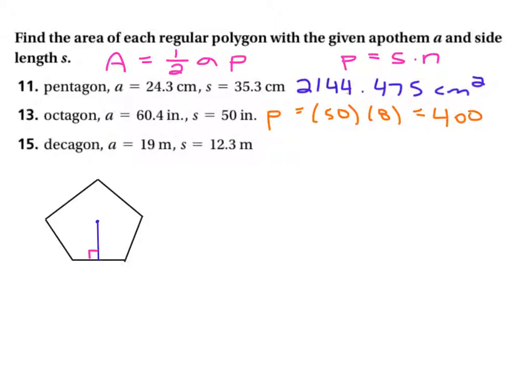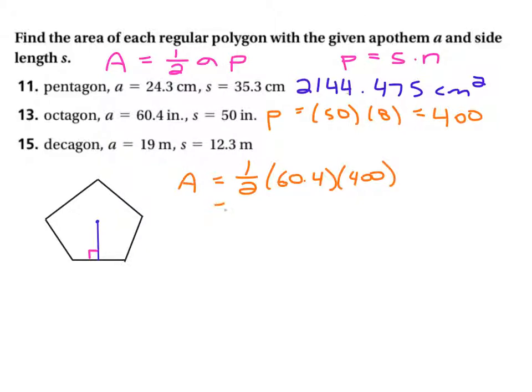Okay, so we will then take the same formula for area of a regular polygon, 1/2 the apothem length, and they gave us the apothem length in the problem as 60.4 inches, times the perimeter, which we calculated, 8 sides at 50 inches each, is 400.